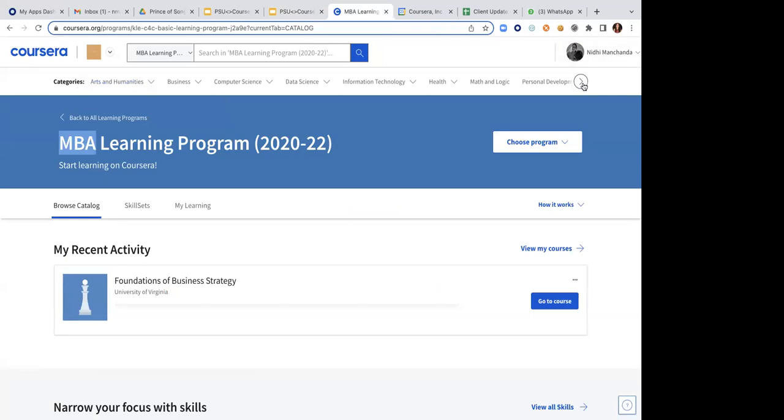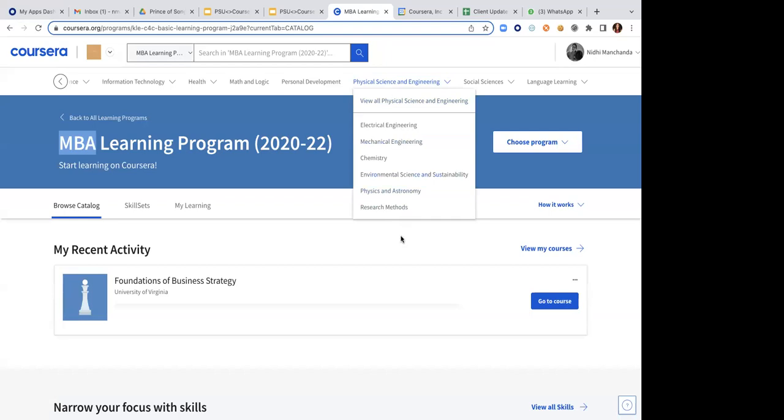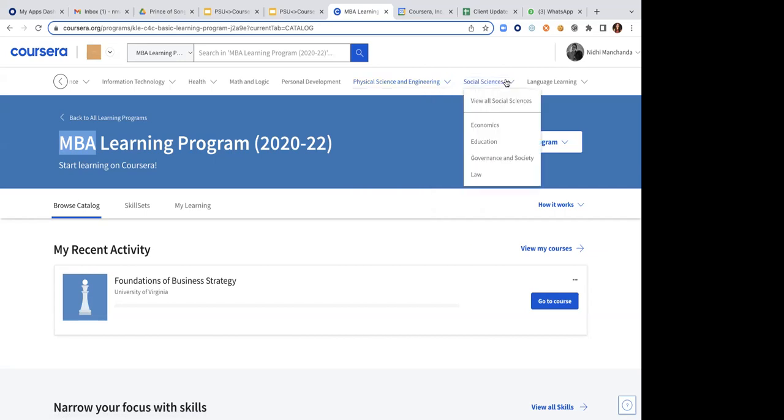So these are the 11 categories in which we usually qualify our content. Categories are language learning, social sciences, physical science and engineering, and of course there are further skills under each of these categories as well, like courses on electrical engineering, mechanical engineering, chemistry, physics and astronomy, and research methods.